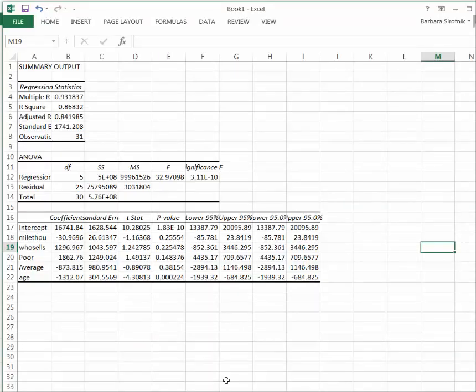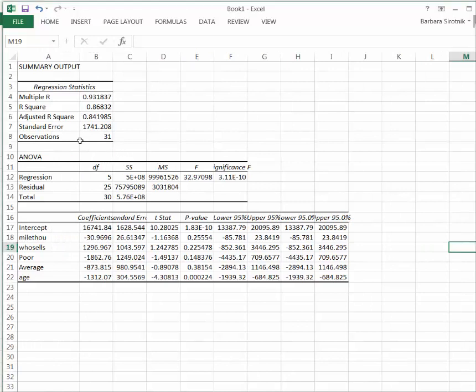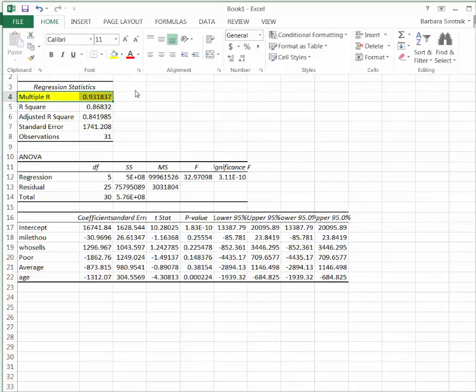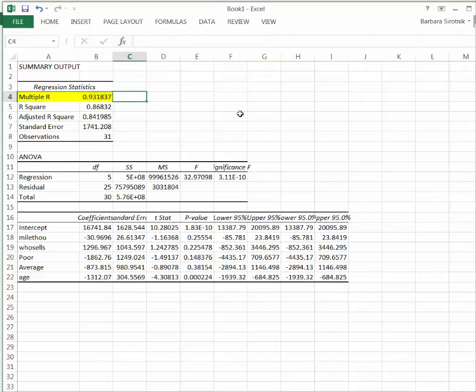Okay, so here are my statistics, and let's take a look at what we've got. The multiple R is now 0.93. That's important. That again is on a scale from 0 to 1, and it's definitely close to 1. So I know I've got a good predictive model.